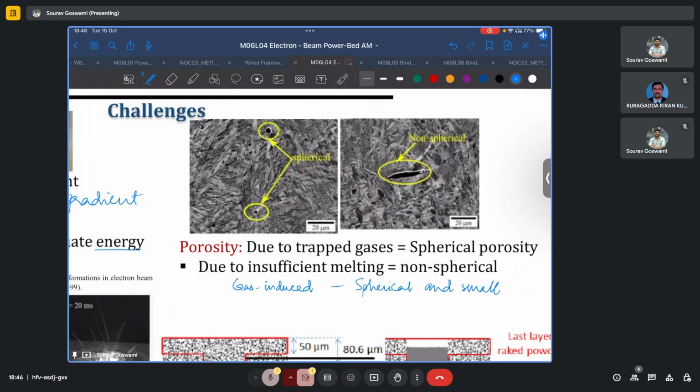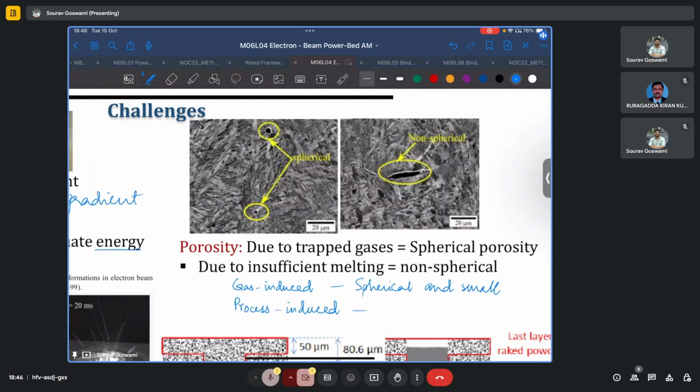However, when the melt pool is solidifying, the solidified metal has a lower solubility for these gases, and thus in the solid state, the gases are liberated. These gases tend to form these bubbles, which are typically spherical and small, and then they get liberated, leaving these spherical voids behind.